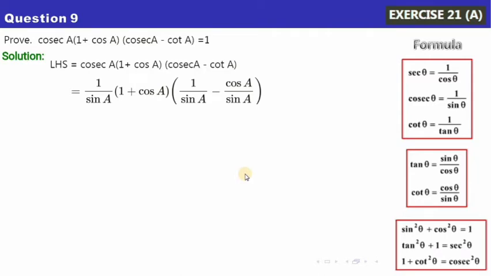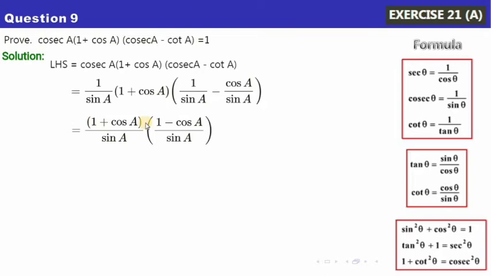Okay, now let's simplify. So 1 into this will remain as it is. In the denominator we have sine A. Now here what happens is, LCM is sine A, okay, and when you simplify the numerator you get this much. Divide sine A by sine A, you get 1. 1 into 1 is 1, minus 1 into cos A is cos A. Okay, now see here carefully.